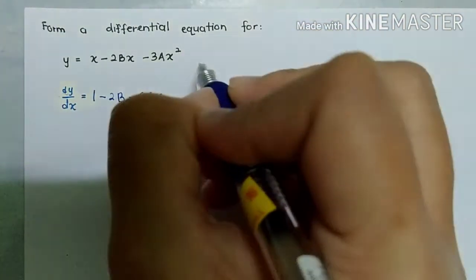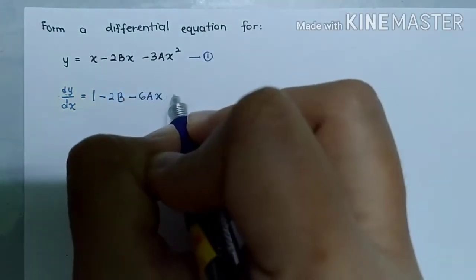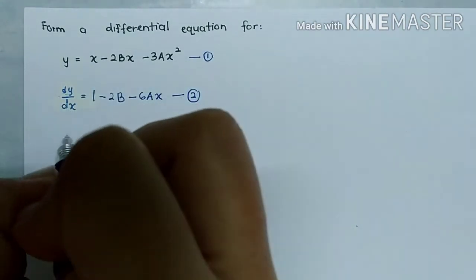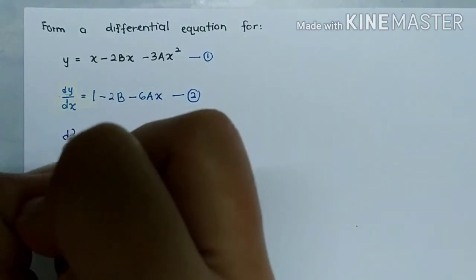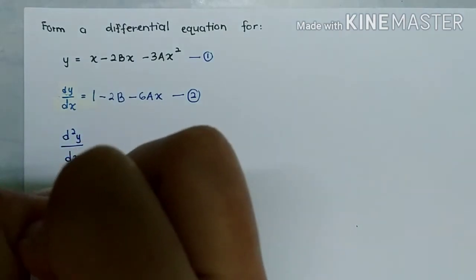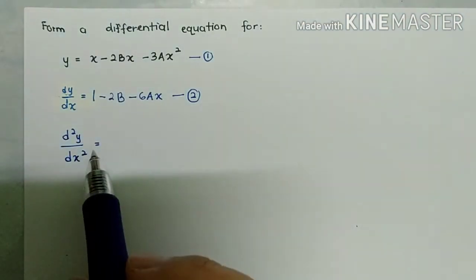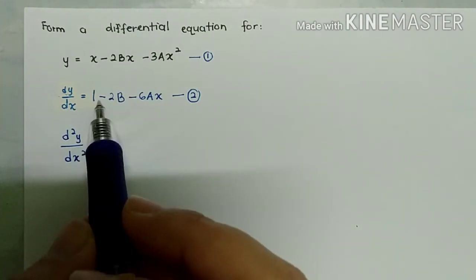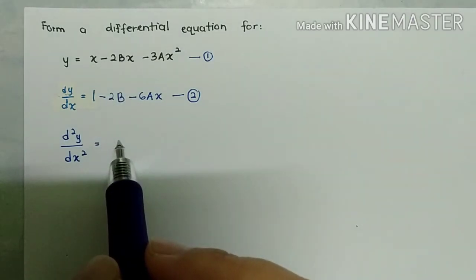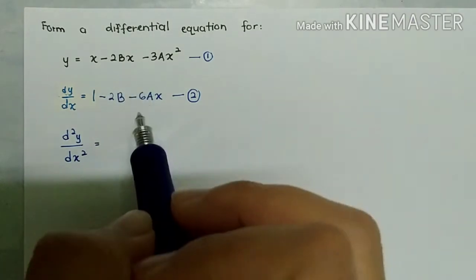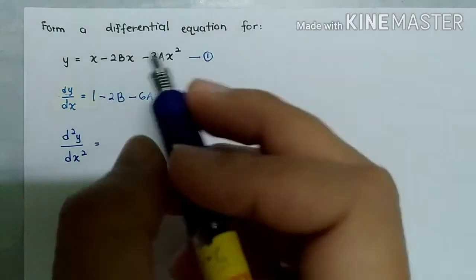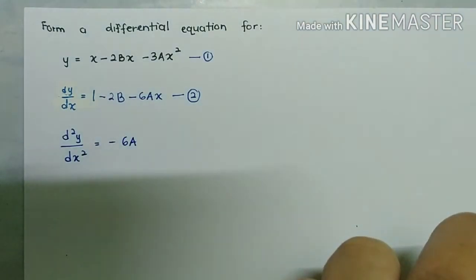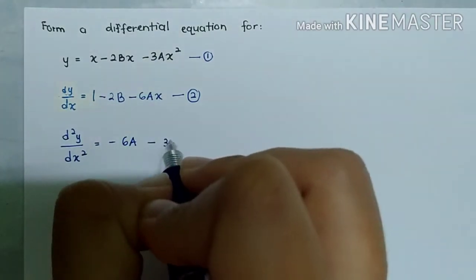So this is our first equation, and this is the second equation, and we must differentiate one more time. So we have d square y dx square. We differentiate 1, we get 0, and then we differentiate 2b, also 0, so we don't have to write 0 here. And then we differentiate negative 6ax, we get negative 6a. So this is the third equation.